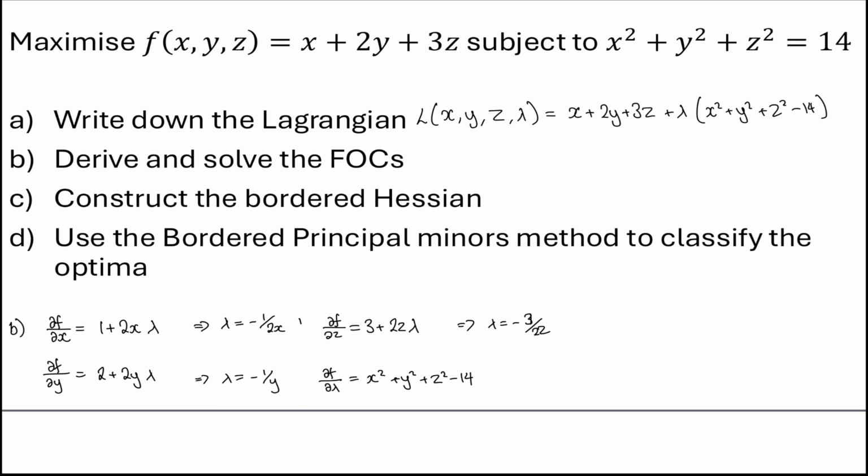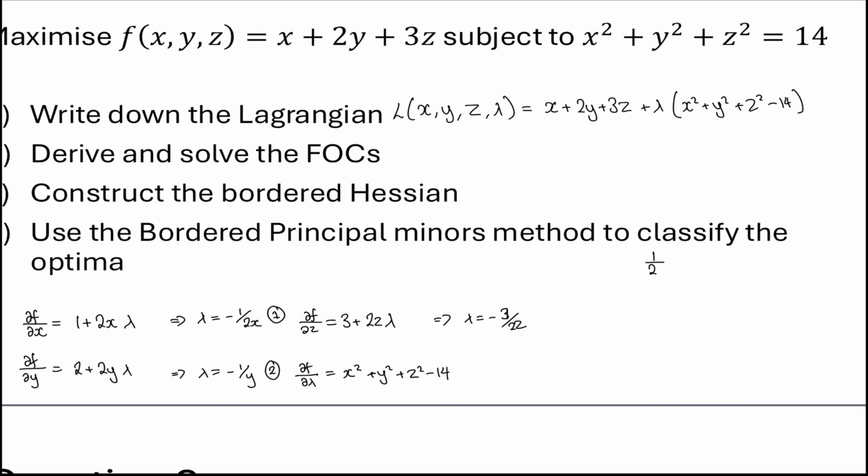If we equate this equation, which we'll call number 1, with this equation, which we'll call number 2, we get 1 over 2x is equal to 1 over y. They were negative, but we just multiplied by negative, so they both become positive. And so we get y is equal to 2x over here.